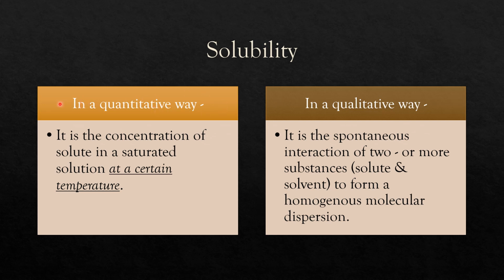In a quantitative way, solubility is defined as the concentration of a solute in a saturated solution at a certain temperature. In a qualitative way, solubility is defined as a spontaneous interaction of two or more substances, referring to our solute and solvent, to form a homogeneous molecular dispersion.